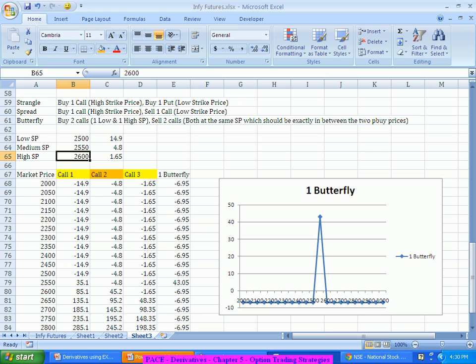Out of these two, the second one looks much more encouraging because the loss has come from 49 to 7, whereas the profit has come only from 50 to 43. With just a 7 rupee compromise on the profit, my loss has come down drastically. So between these two butterflies, I would prefer the second one.